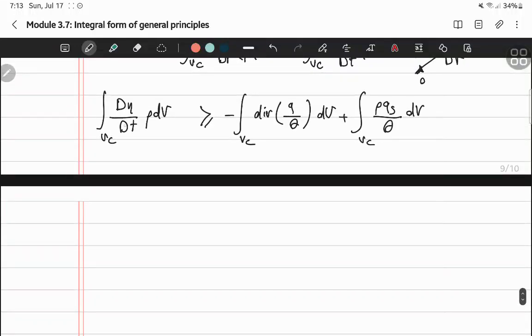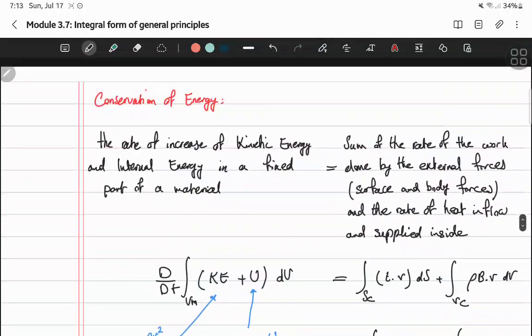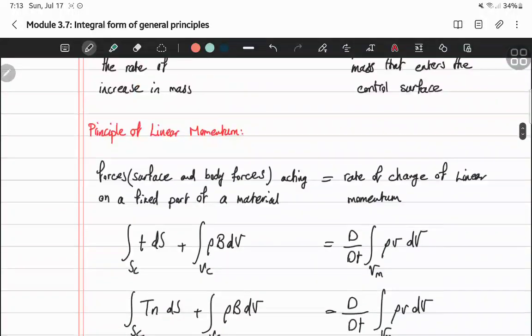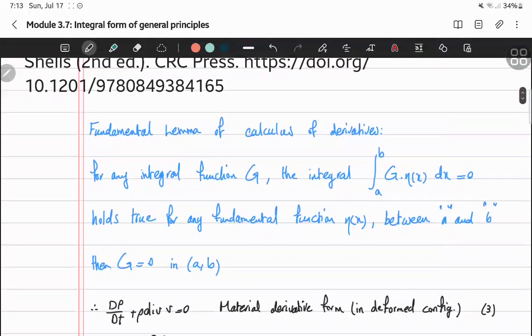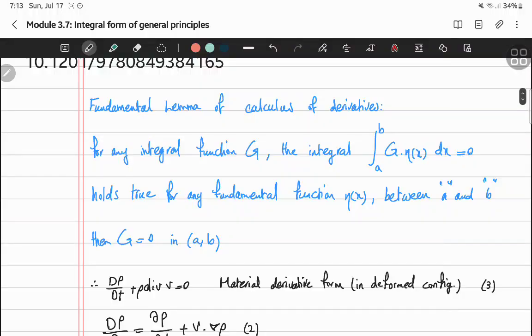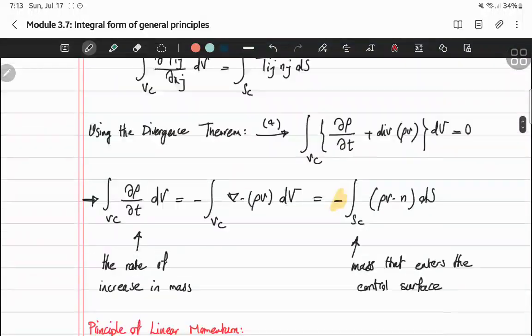So if I take everything to one side and again use another principal lemma of calculus, similar to the previous one, but instead of being equal to 0, it is greater or equal to 0. This other fundamental lemma is for inequalities, while the earlier one is for equalities.